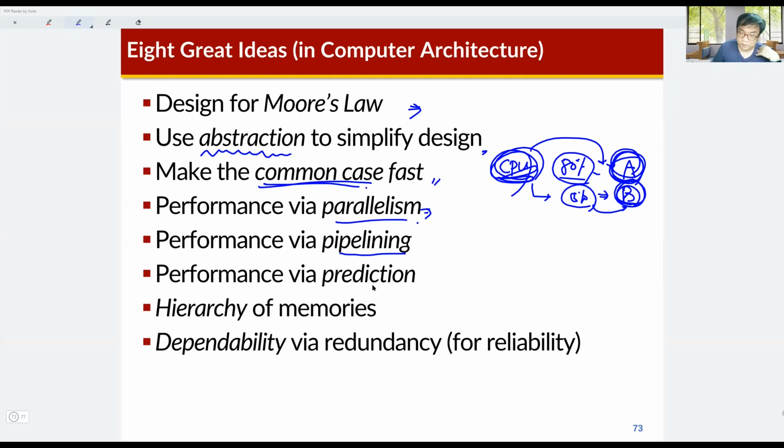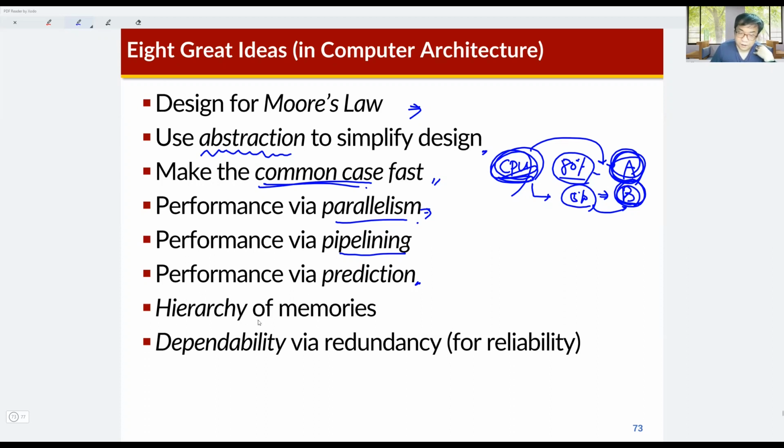And then performance via prediction, like branch prediction, where various types of prediction technologies are applied to modern CPUs. The most popular prediction technique is branch prediction.